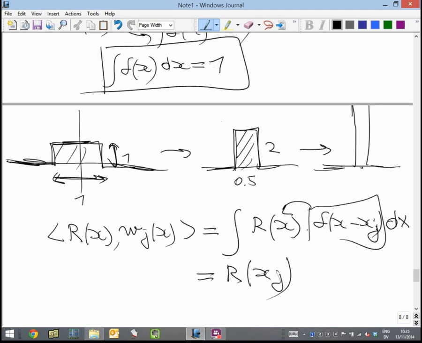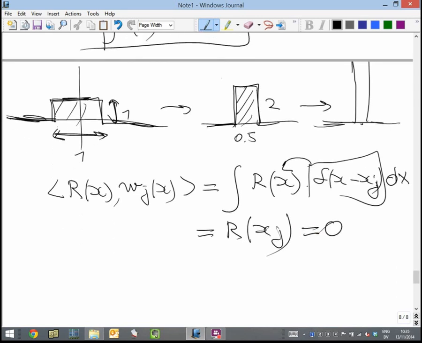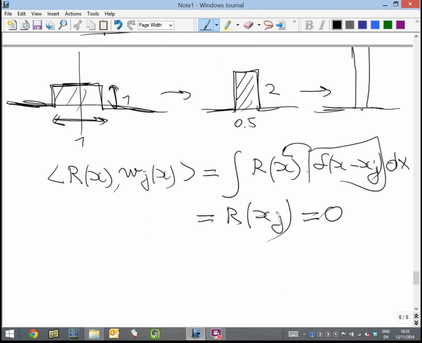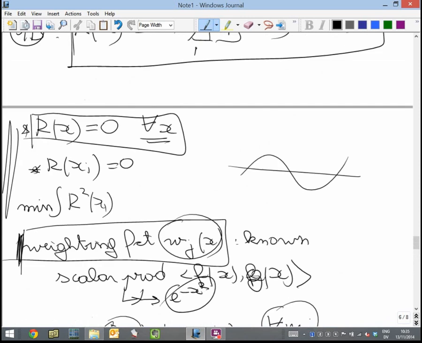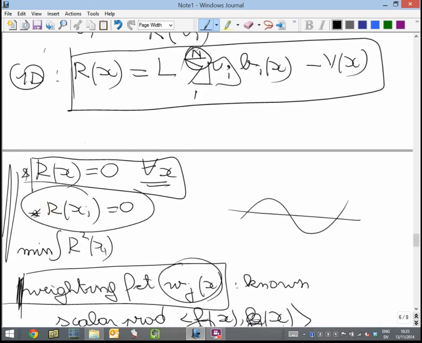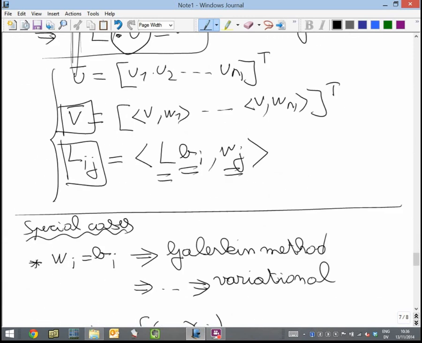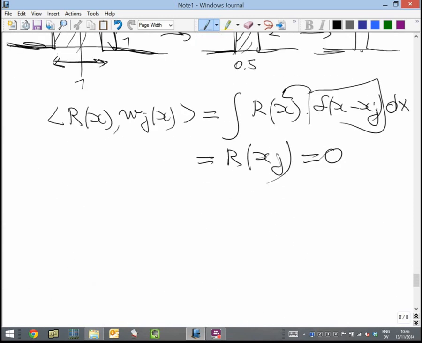If we now impose that our residual is orthogonal to this particular family of weighting functions, this is equivalent to asking that R of xj is equal to 0. And for this particular choice of weighting functions, we end up with what one of you proposed, namely that I ask for my residual not to be 0 everywhere, but rather to be 0 at a very well-chosen set of points, these xi's, and this is equivalent to choosing my weighting functions to be delta functions centered at these points.